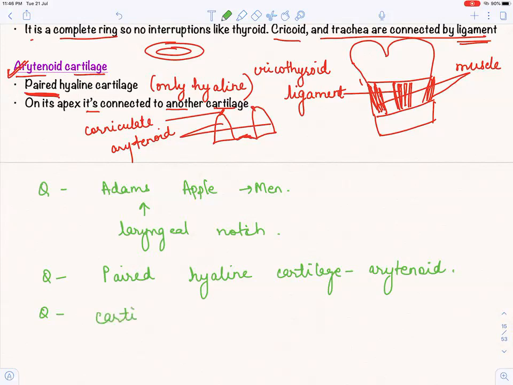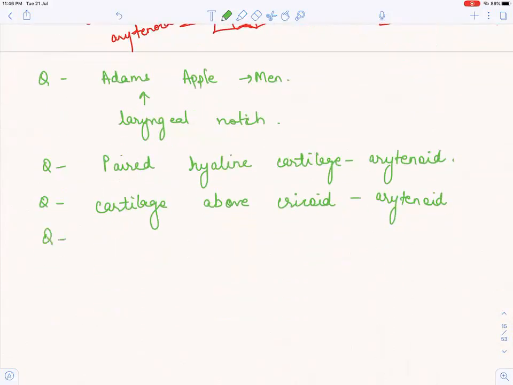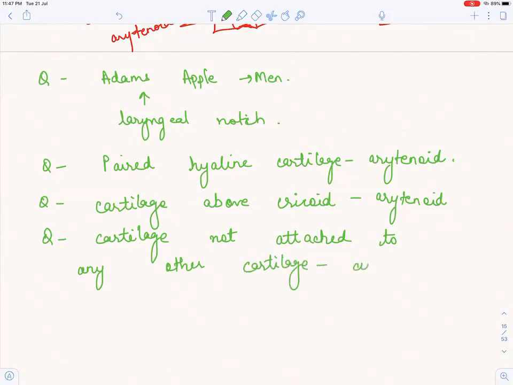Then the question: cartilage above the cricoid: arytenoid. Another question: cartilage not attached to any other cartilage: cuneiform, right?